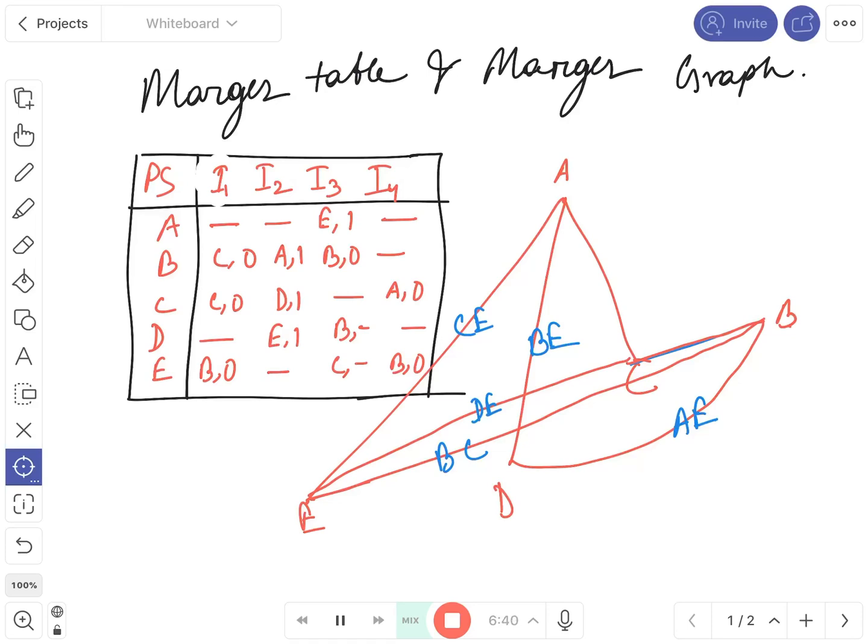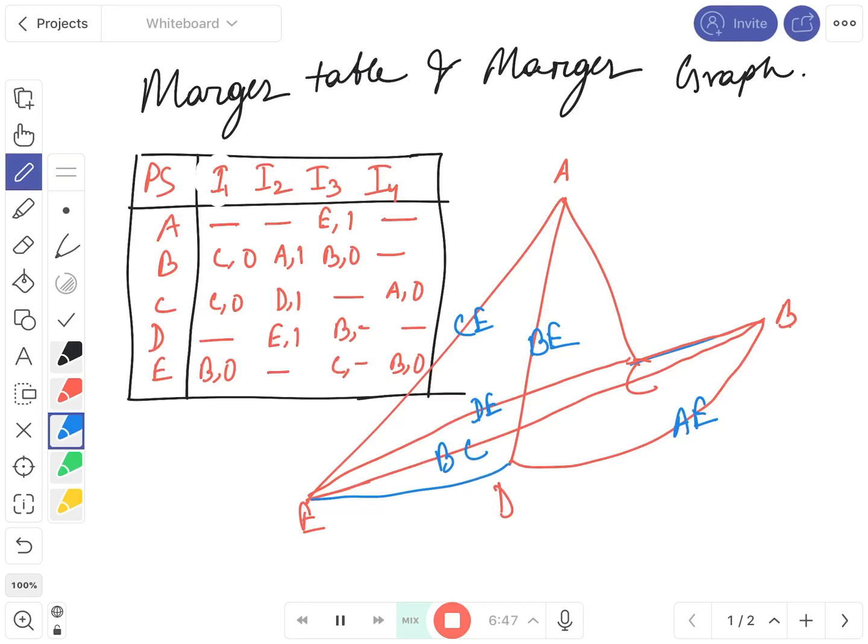I have to draw DE first, and its implied states are BC. I am doing this for CE, I suppose. CE implied state is AB.